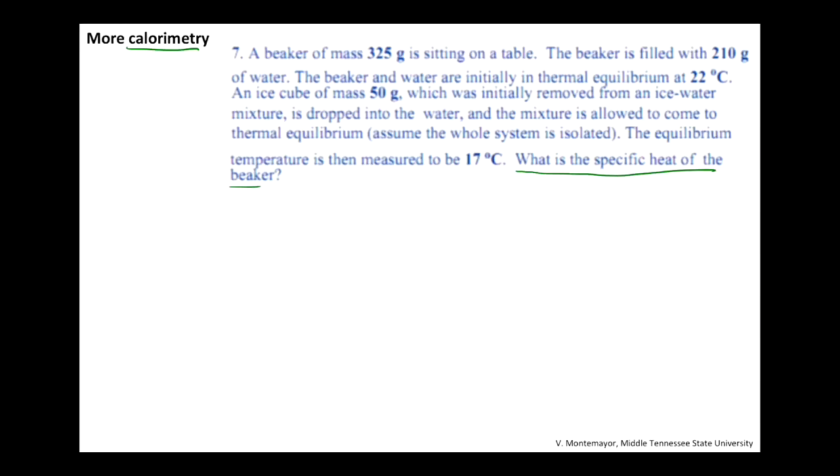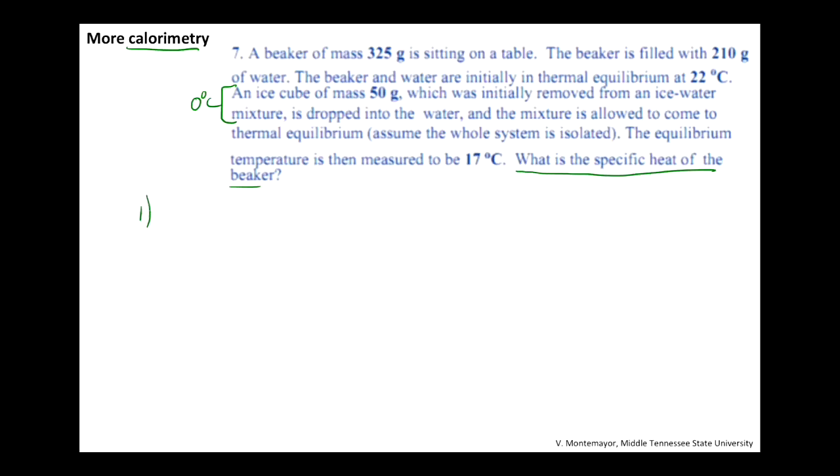It is filled with some water, and they are in thermal equilibrium already, so the beaker and the water are at 22 degrees Celsius. And then we're going to put some ice that was initially removed from an ice-water mixture, meaning that it is at 0 degrees Celsius, and drop that into the other water that's at 22 degrees and let it come to thermal equilibrium. So we've got 3 different substances here that are doing a variety of things.